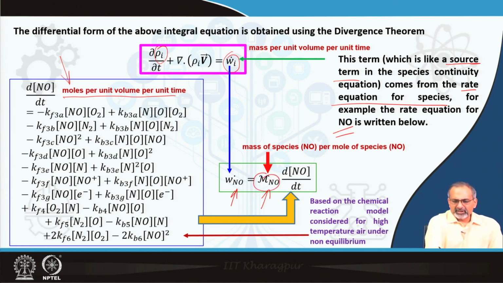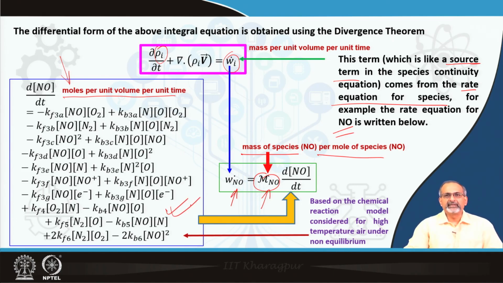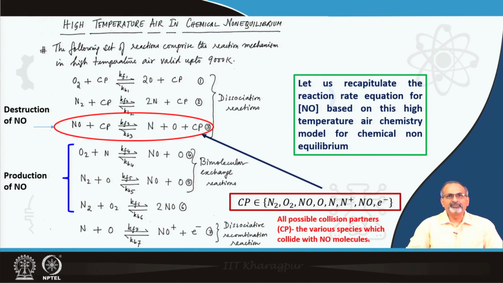So, M_NO is basically the mass of the species per mole of the species. In this case, it is NO, and here the kind of equation that we see for the d/dt of the NO concentration is of course based on the chemical reaction model that we have considered for high temperature air under non-equilibrium. We will briefly recall that too.